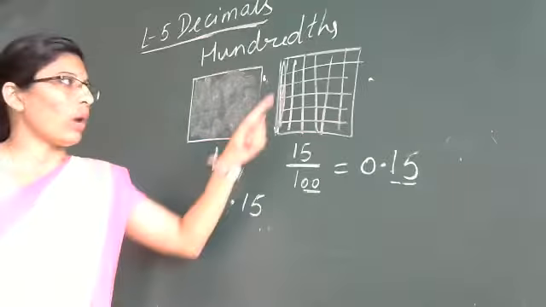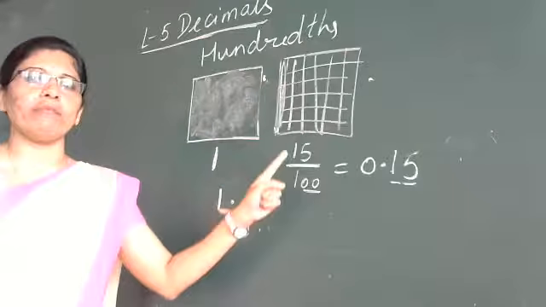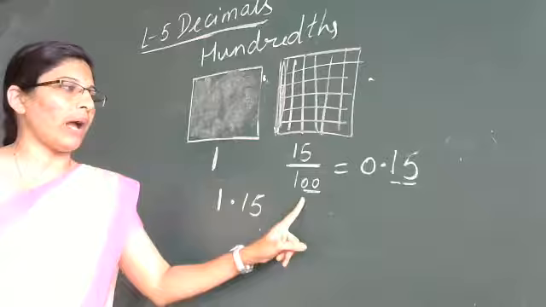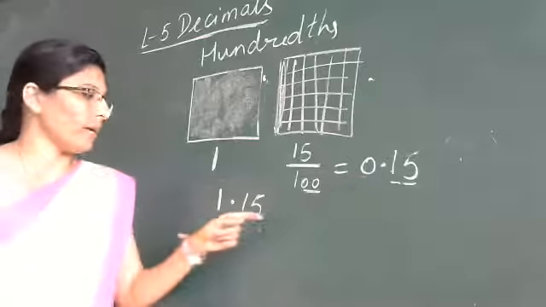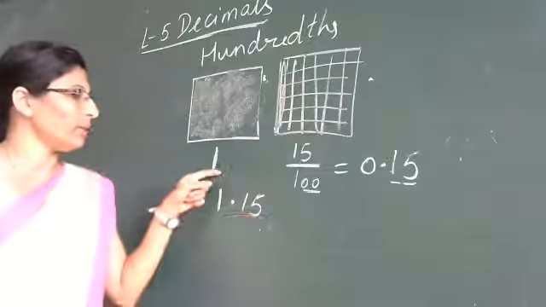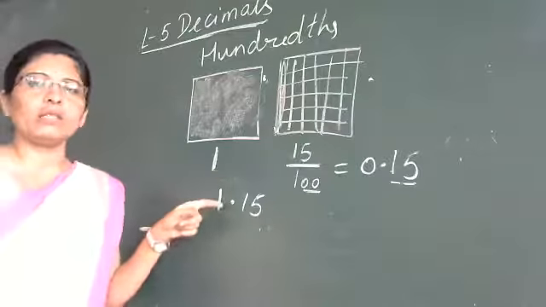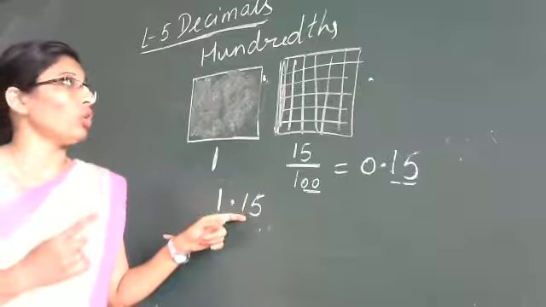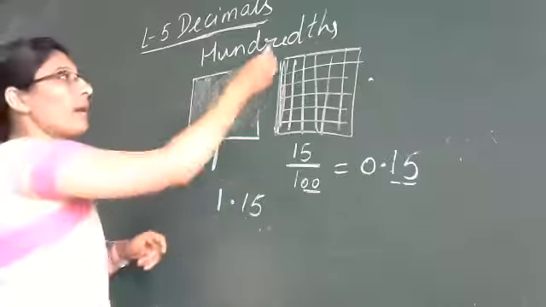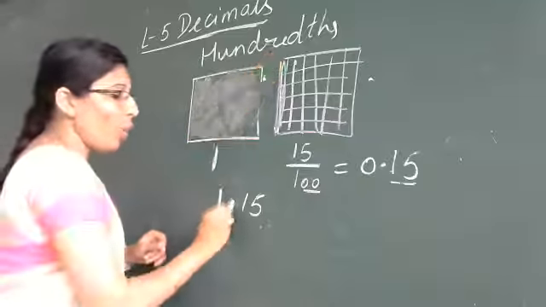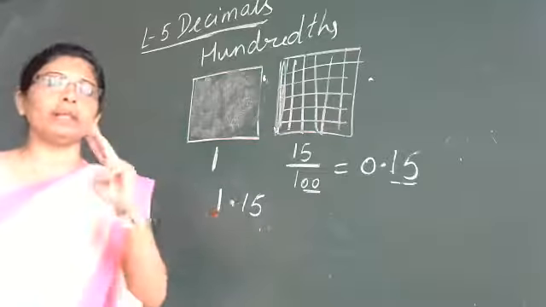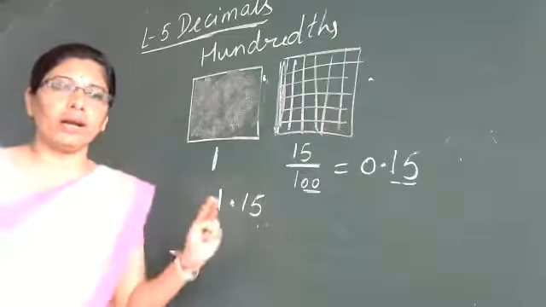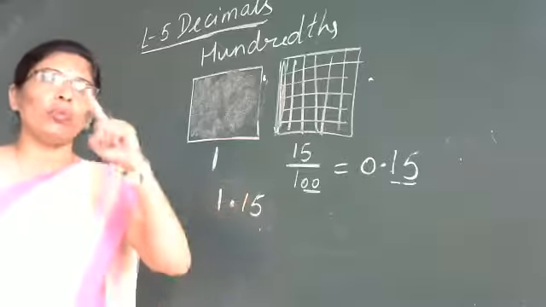Yes. And this 15 is colored. If 15 is colored, that is by 100. So 0.15 and this 1 plus, that is 1.15. So you have to remember that for 100, after the point 2 digits should be there. For 10, 1 digit.